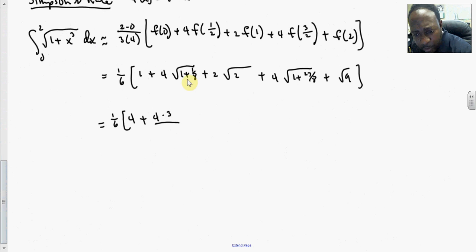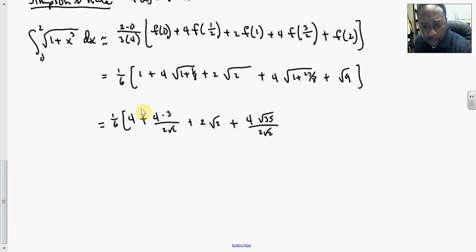That was all over the square root of 8, or 2 times the square root of 2, plus 2 times the square root of 2. Plus this is 4, and that's where we got the square root of 35 over the square root of 8, or 2 times the square root of 2. And we dealt with the square root of 9, which is 3 plus 1, we got 4.